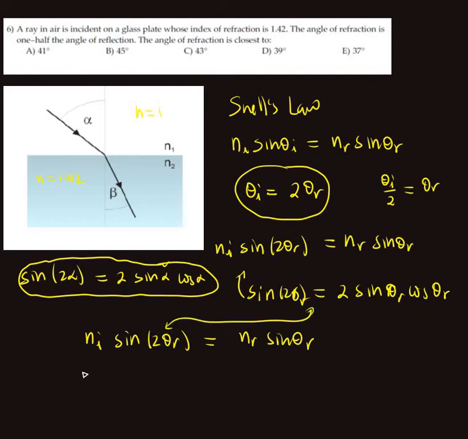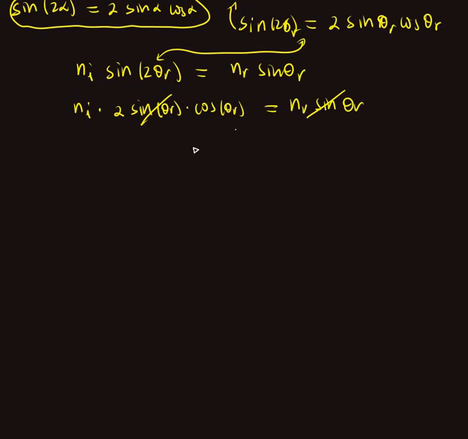So this one is going to be Ni times 2 sine of theta r times cosine of theta r equal to Nr sine of theta r. And now you can see that this sine of theta r and this sine of theta r cancel. Perfect. Let me move this a little bit up. And what else? Well, we have a 2, so it's going to be basically 2 Ni cosine of theta r is equal to Nr.